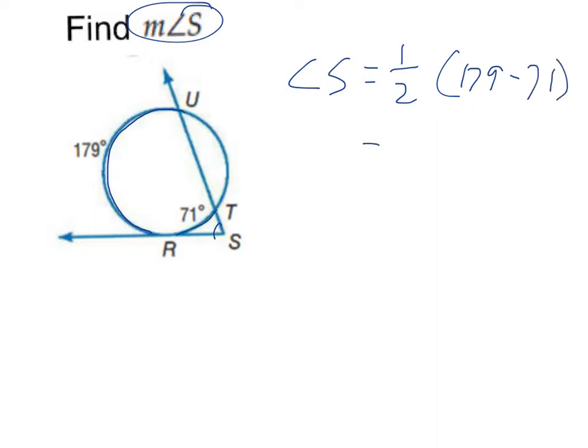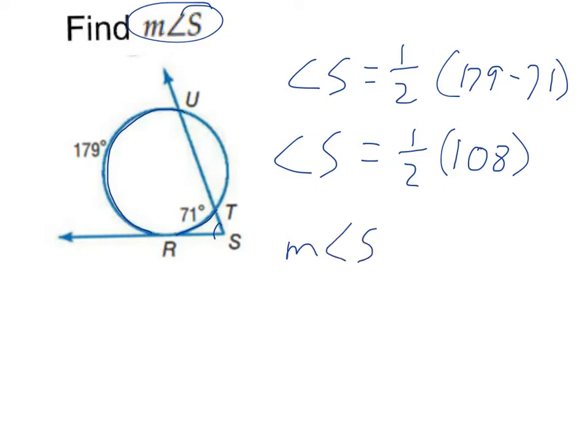When we do that, we end up with 1/2 times 179 minus 71 is 108. And then when we multiply 1/2 times 108, we find that the measure of angle S is equal to 54 degrees.